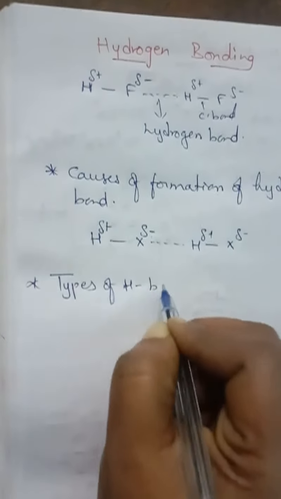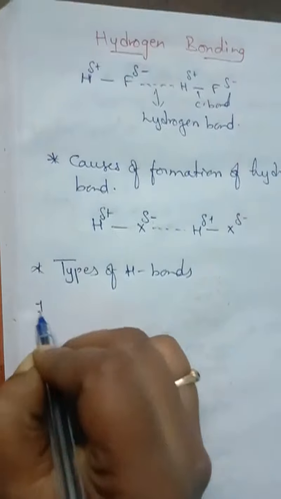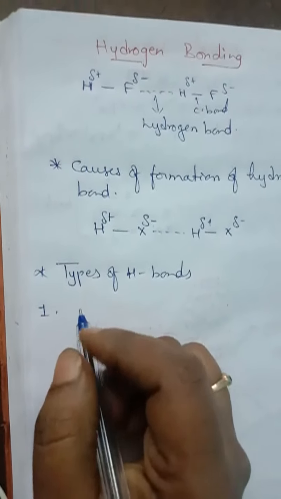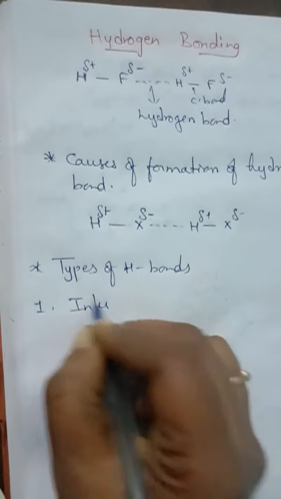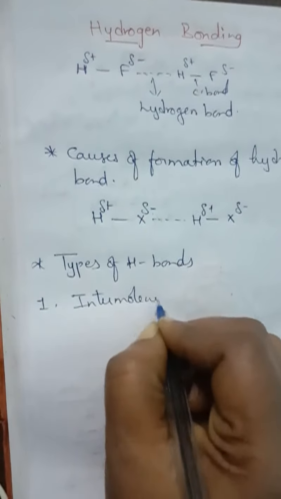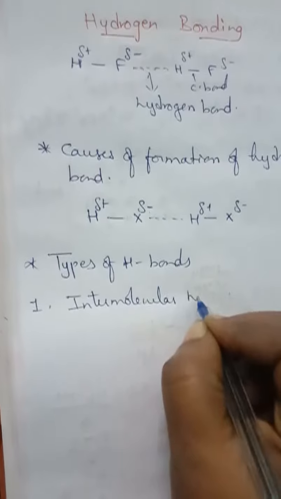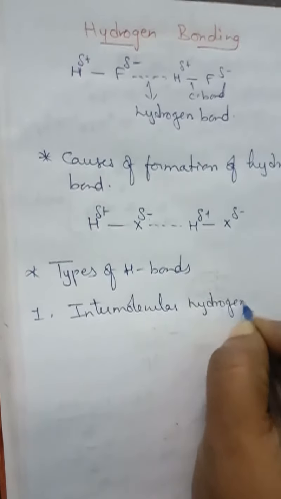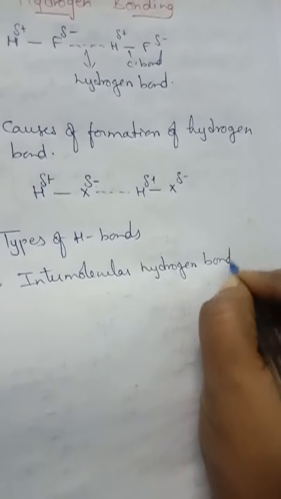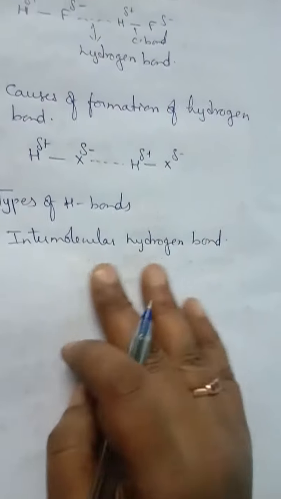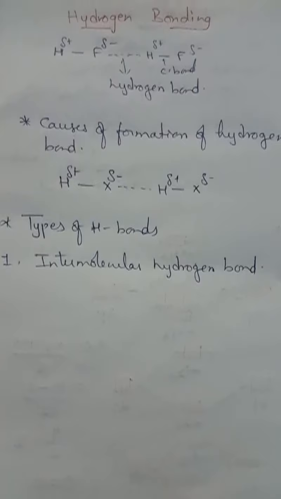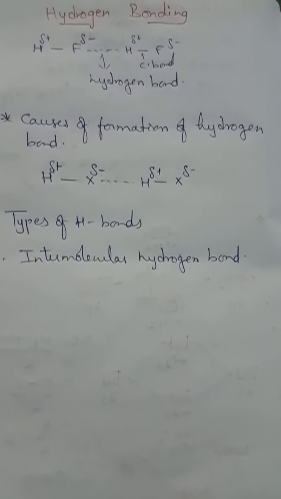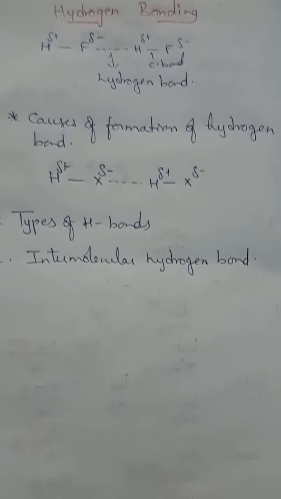Next, types of hydrogen bonds. First one is intermolecular hydrogen bond. It is a bond formed between two different molecules of the same or different compounds.